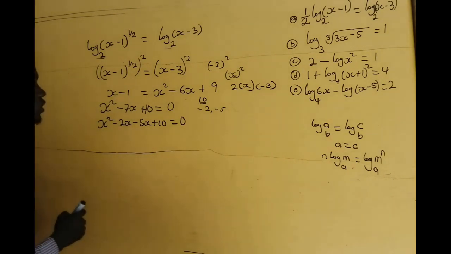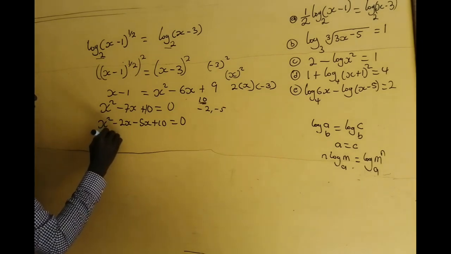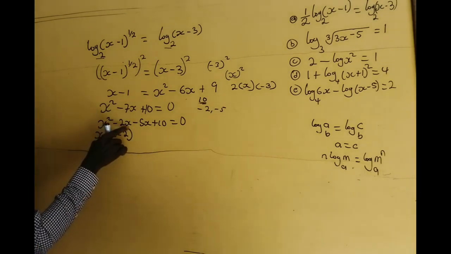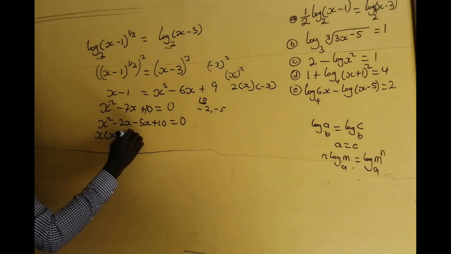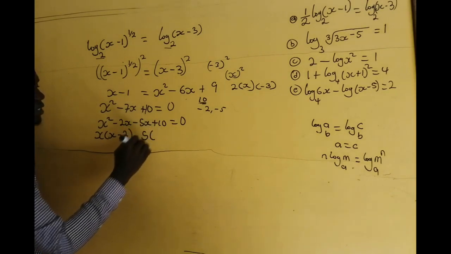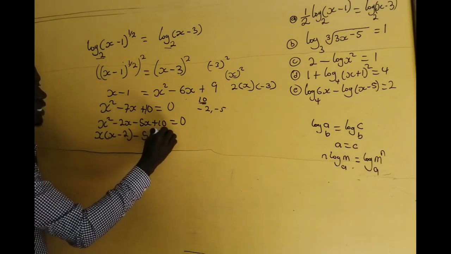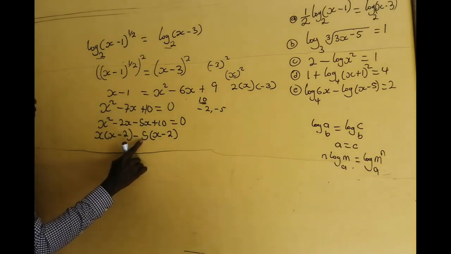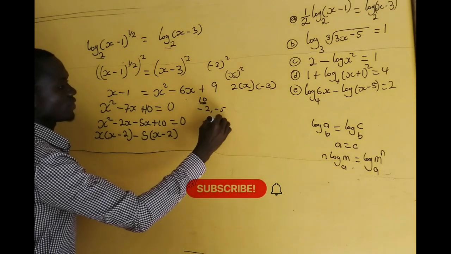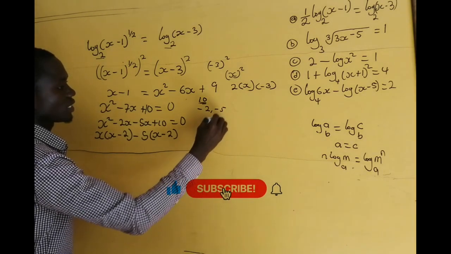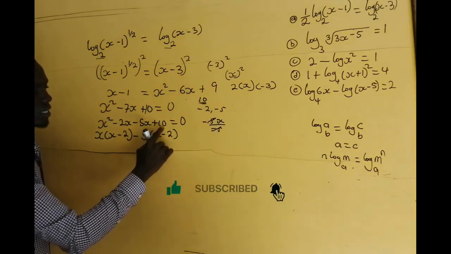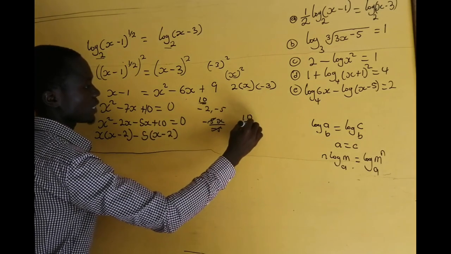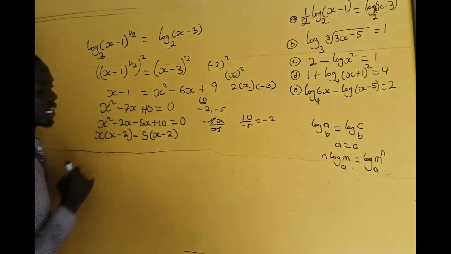Right? That's great. So here we take x times x minus 2, that's if you factorize x out. Minus here you can factorize 5 out to get x minus 2. Here you factorize minus 5 out. So this is minus 5x divided by minus 5, that will give us positive x. And this will be 10 divided by minus 5, that will give us the negative 2 that we are having here.